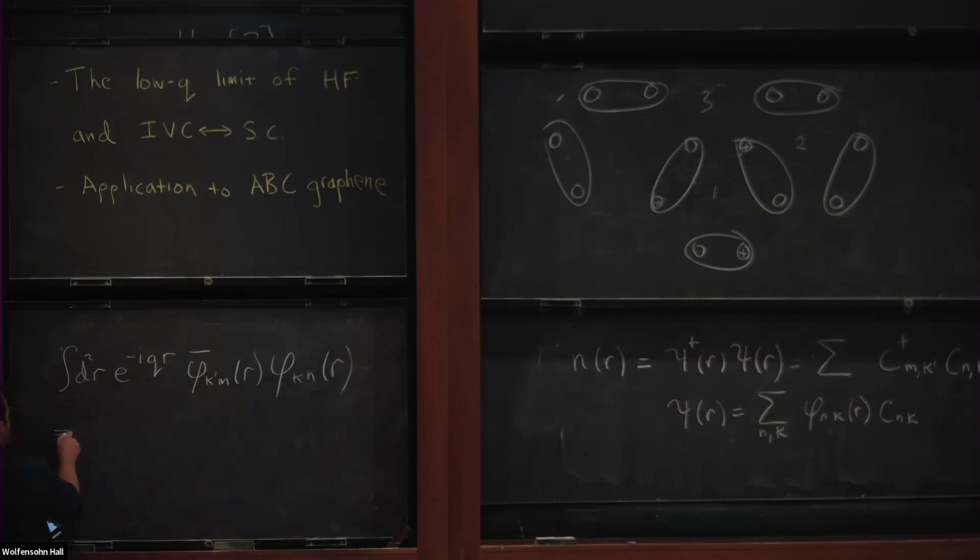And we just define this thing to be lambda_mn(k, q), where implicitly k prime is equal to k minus q.